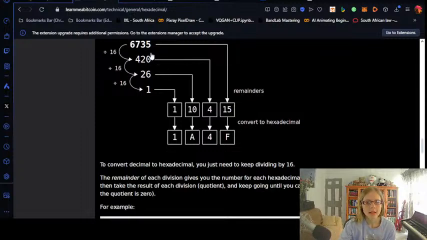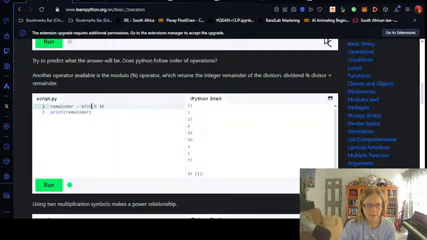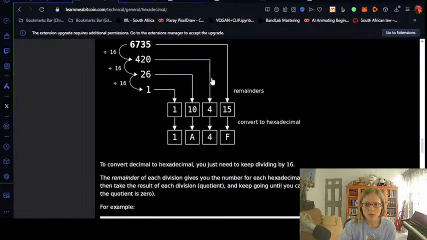So now we are going to say 420 modulo 16, and we get a remainder of 4. So we put our 4. 4 in decimal stays the same in hexadecimal.